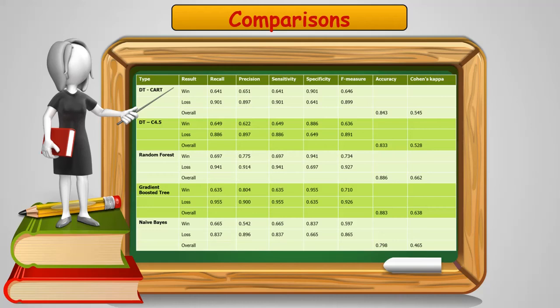So when we compare now, let's take a look at the naive Bayes results compared to our gradient boosted tree, random forest, and all the decision trees. You can see if I look at the overall accuracy of the naive Bayes, it's actually the worst of the models so far. It's only at basically 80%, accounting for rounding there. But when I look at, again, the sensitivity to the ability to predict a win, that's at 66, almost 67%.